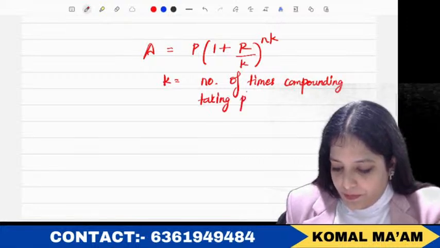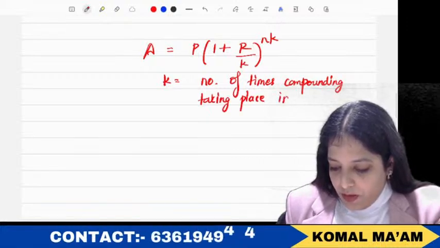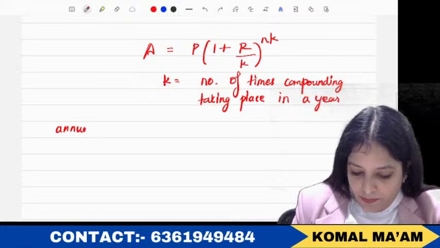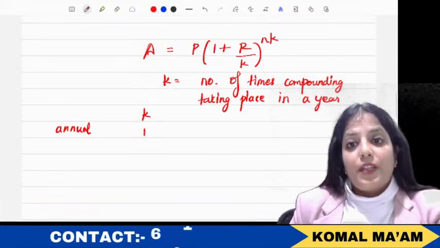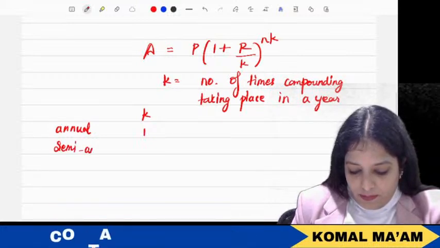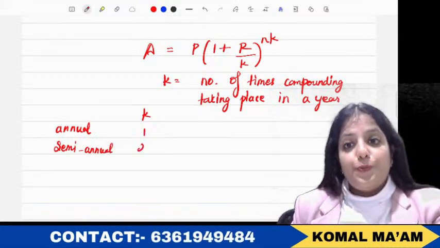Okay, so if it's annual, K will be 1, right? If it is semi-annual, the value of K will be 2, right?